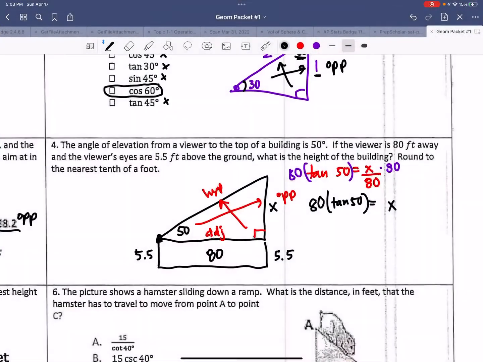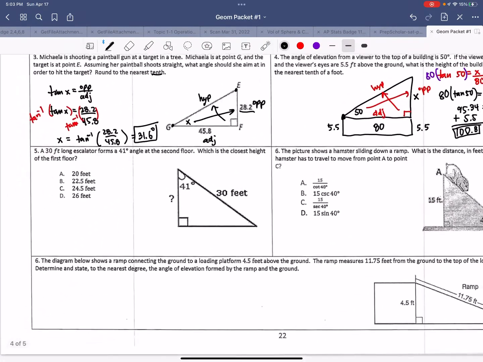That gives 95.34. Yet we still have to add 5.5 back in, right? So we round to the nearest tenth, so 100.8 feet. Cool.